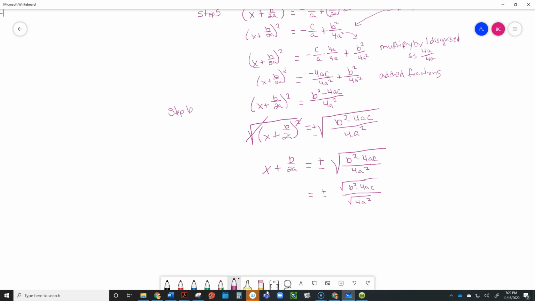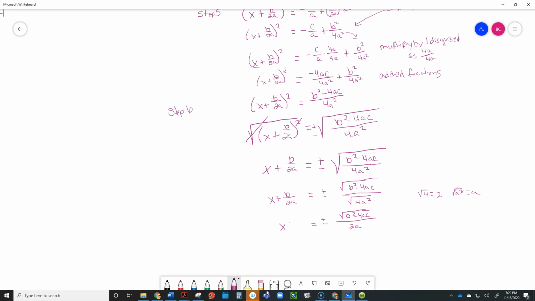Now, if you are paying close attention, you'll understand why I wanted to do that, because I'm not supposed to have square roots on the bottom. Well, I'm not going to have a square root on bottom, because if you take the square root of 4, you get 2. If you take the square root of a squared, you get a, right? Because those two things cancel out. So when I take the square root of 4a squared, I get 2a on the bottom.